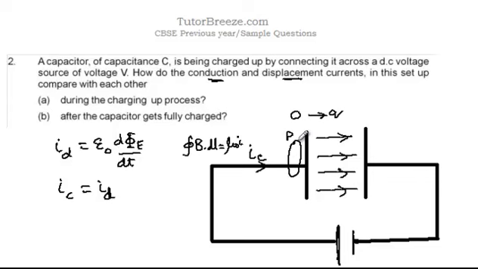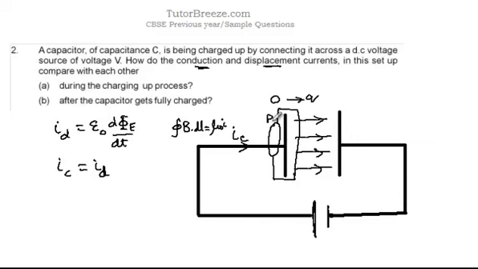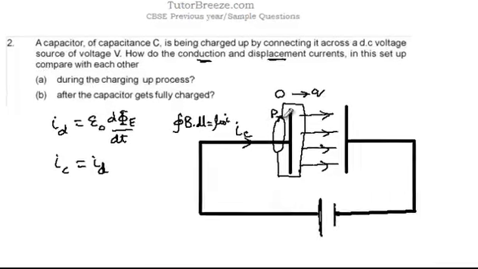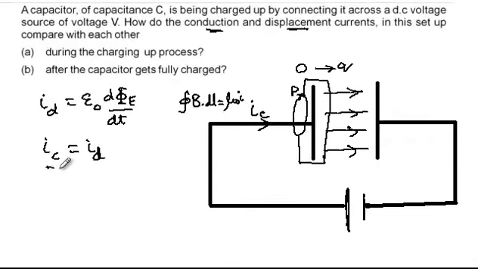But if you take a different surface, say a surface like this, which has the same boundary, then to get the same value of the magnetic field at the point P, the conduction current and the displacement current have to be equal to each other.